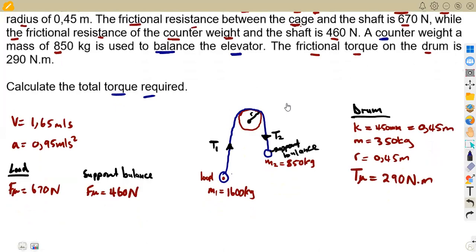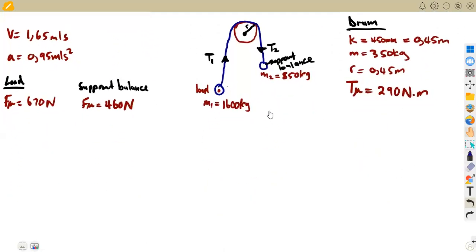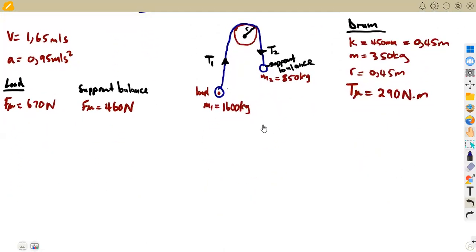All right, let us analyze, guys. This is our whole information about the elevator, the goods cage that is being loaded up with goods, having a support balance of mass 850 kgs. What is supposed to be the total torque in this case?